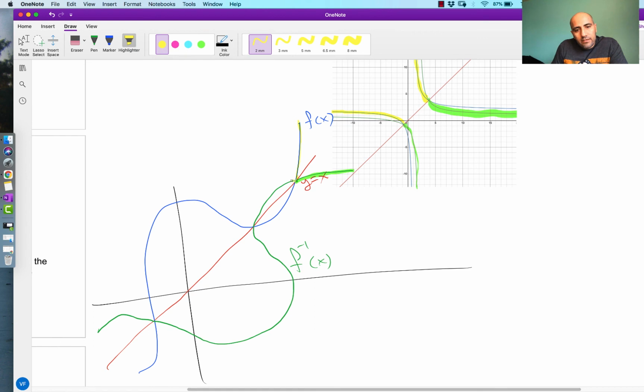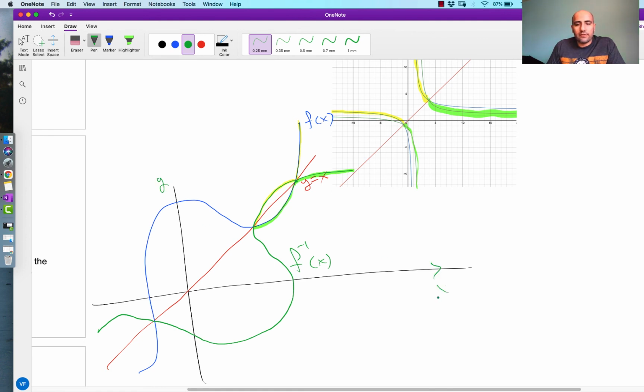And then this portion of the green and this portion were mirror images of each other. And then this portion and that portion were mirror images of each other, right? Okay, so hopefully that does a slightly better job of identifying what I mean.